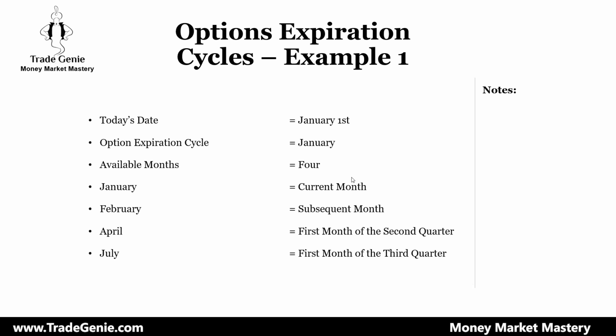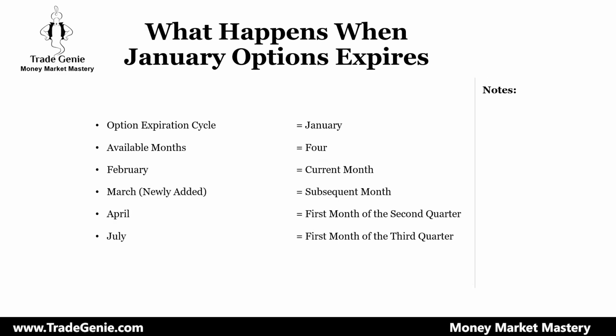We are in the month of January and the option cycle assigned happens to be the month of January, so a January cycle. Now ask yourself, what will happen when the January option expires?